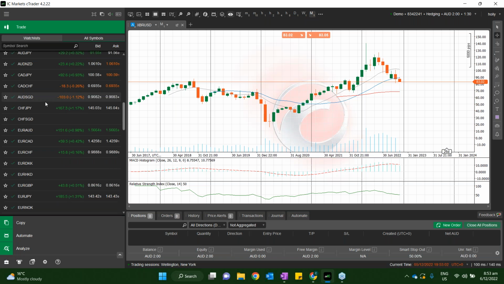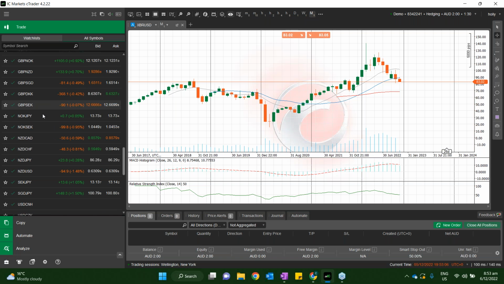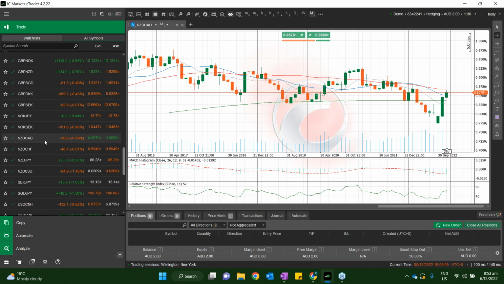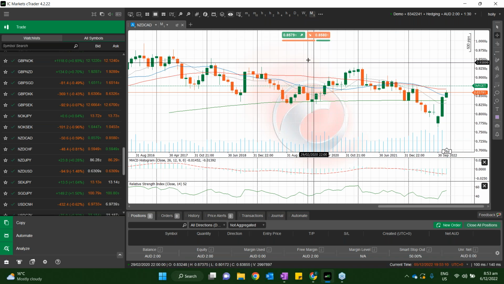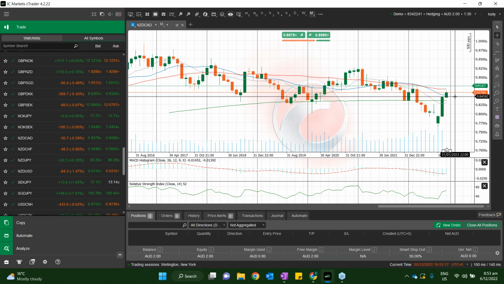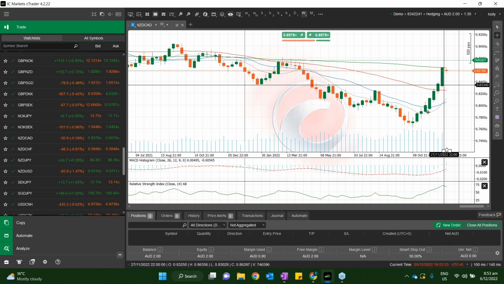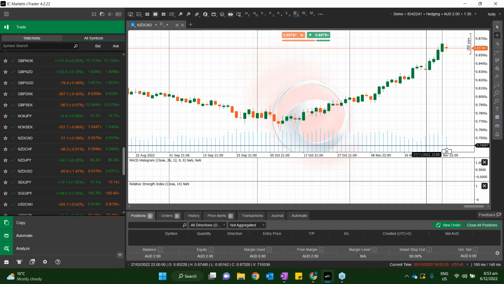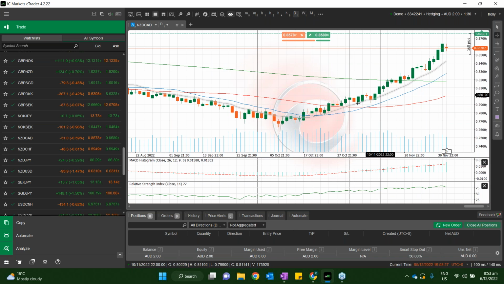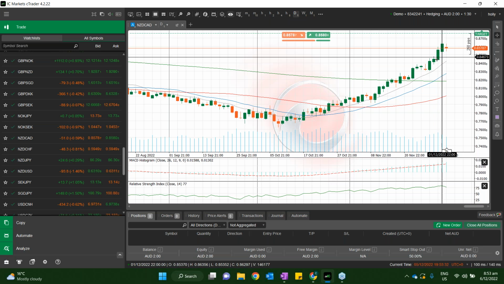Also, the NZ pairs have been giving a lot of opportunities recently. The New Zealand CAD and the Aussie CAD and stuff like that. Monthly, pull back into the moving averages, but beyond on the weekly, on the monthly. Really big push up on the weekly. On the daily, really nice trending here. So this is where a lot of action has been recently.